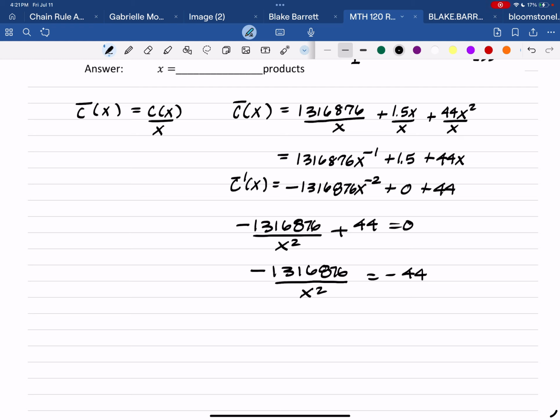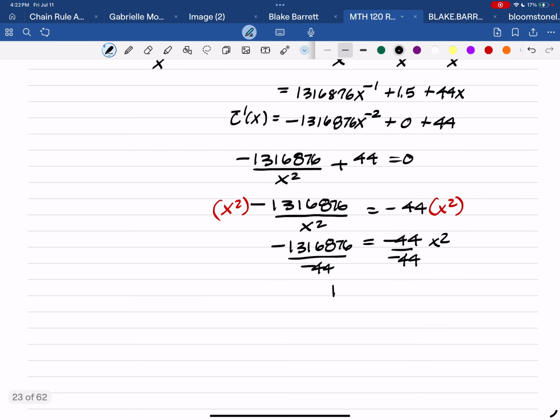I'm going to multiply by x squared, and I get negative 1,316,876 is negative 44x squared. Divide by negative 44.